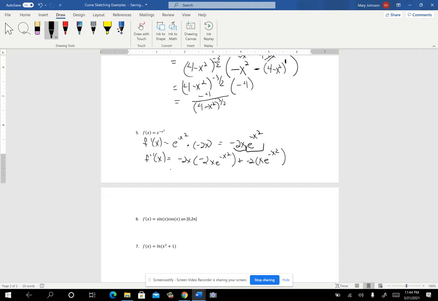Right, and then a lot of times we'll just factor out everything we can. You might go one more step, simplifying before you do your factoring. That's really minus. Okay, so now I'm noticing that there's a 2 and an x and an e to the negative x squared.